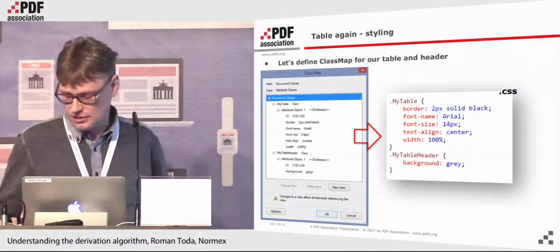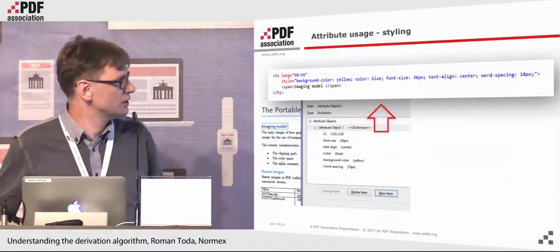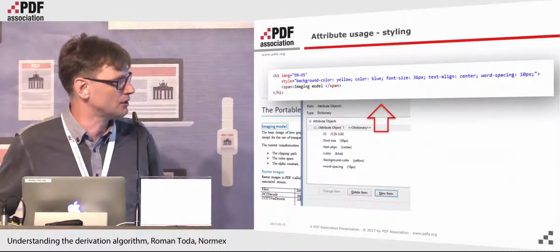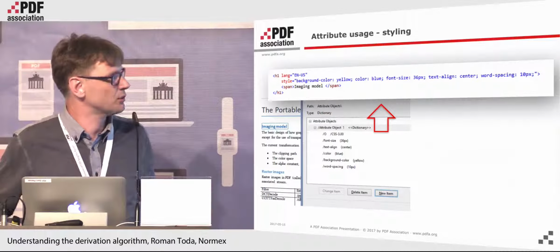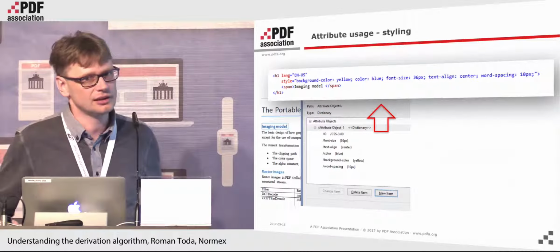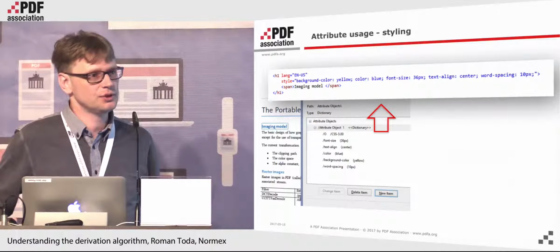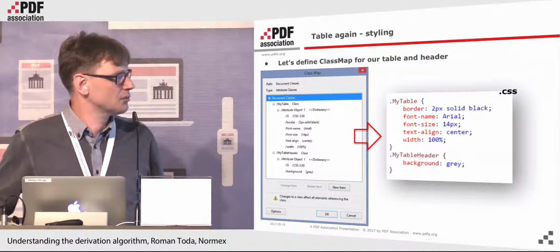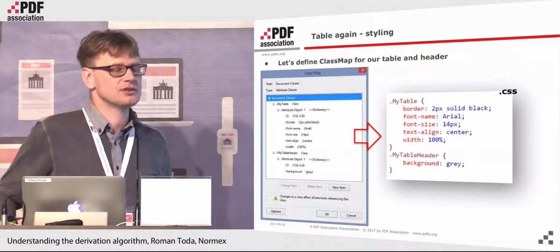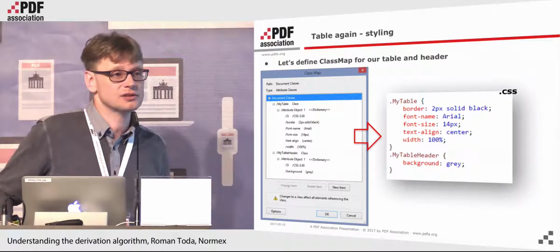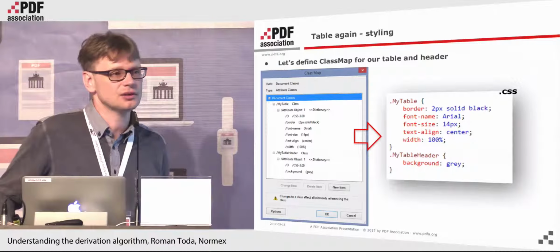How would that look if I apply class map? It's a little bit different. In here, we did have attributes on a specific tag. That's when inline styling applies. But if we use class map, we have a better language to describe this. We can generate CSS along the way.